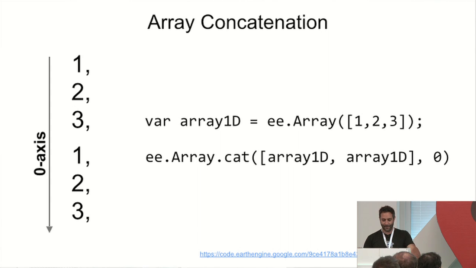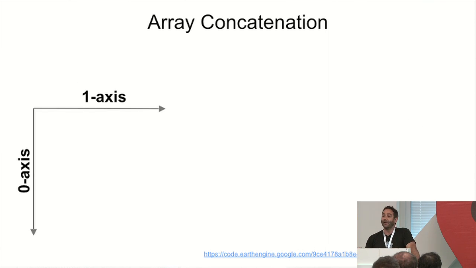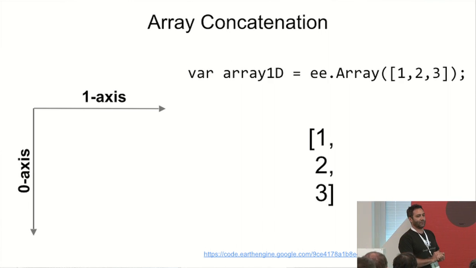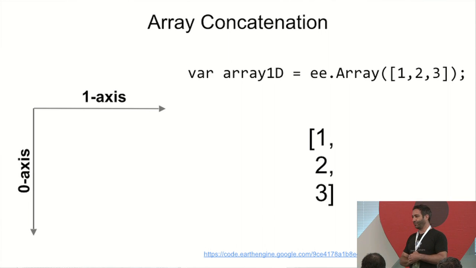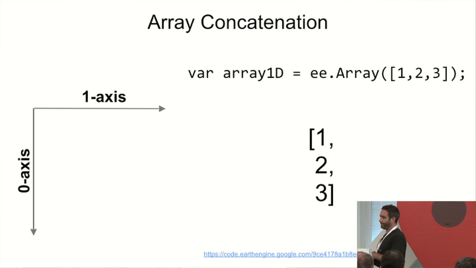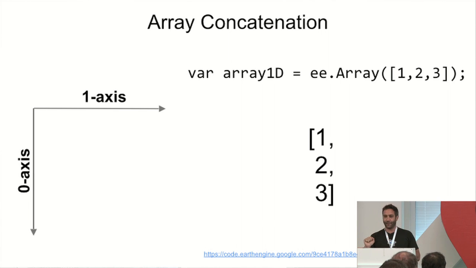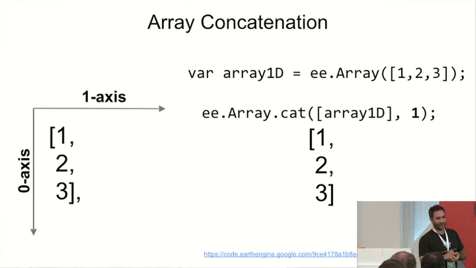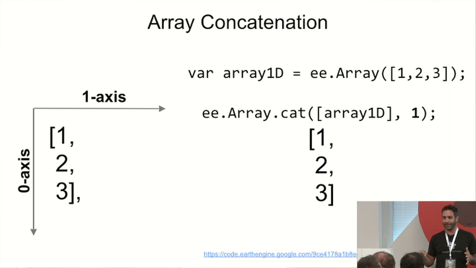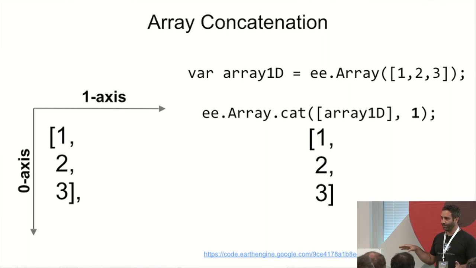Okay, now let's start with our 0 axis, and also a 1 axis, so a 2-dimensional thing. And we have this 1-dimensional array, so this length 3 vector, if you will. But Earth Engine does not know the direction of that thing. What you have to do in order to do things like matrix algebra is embed it in this two-dimensional space.